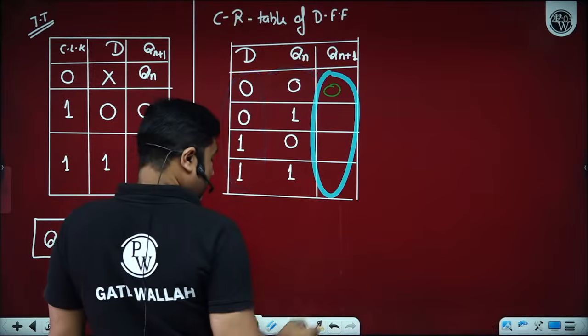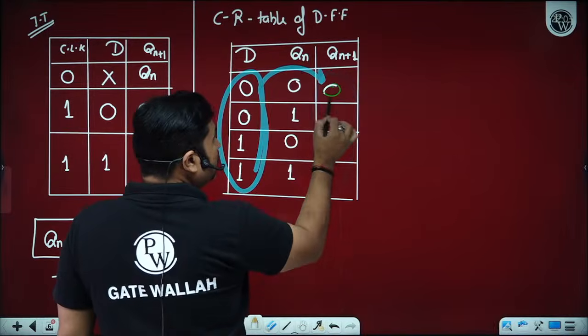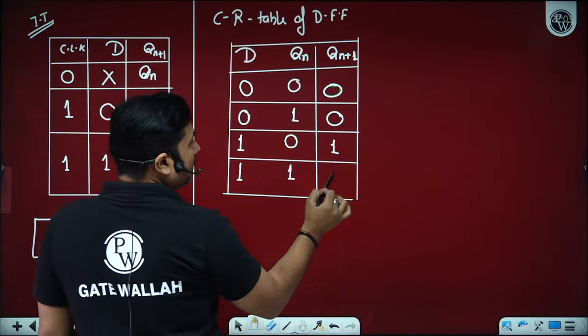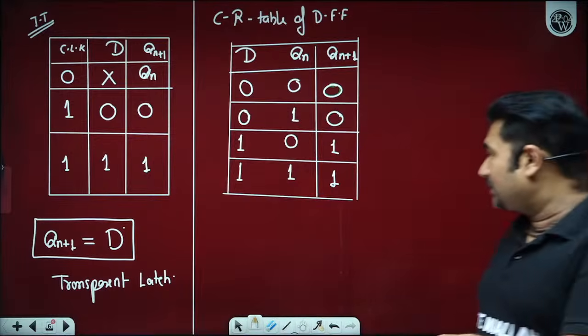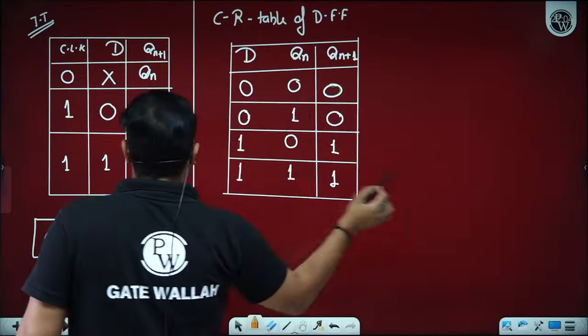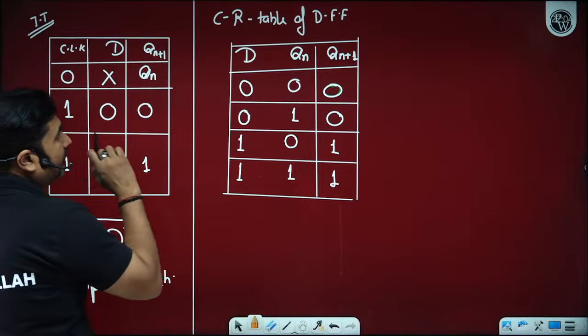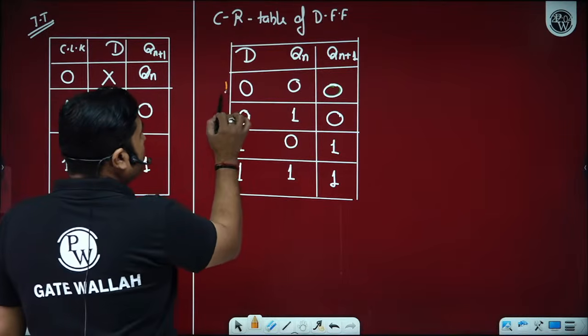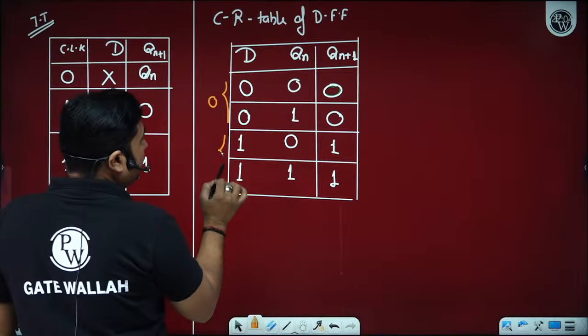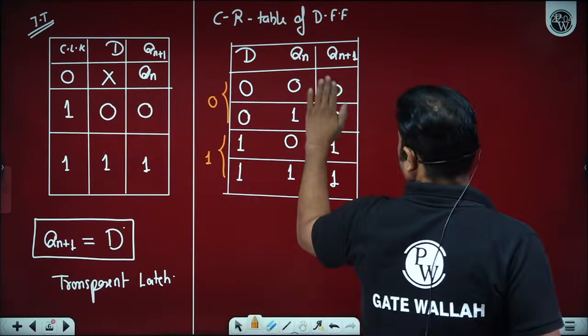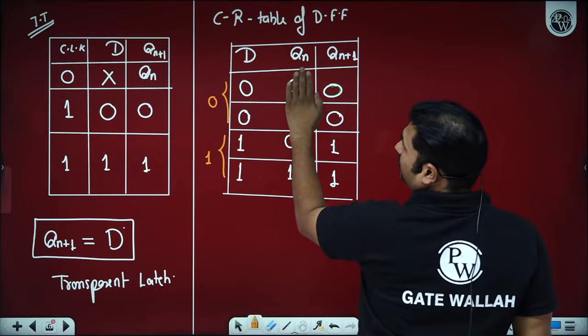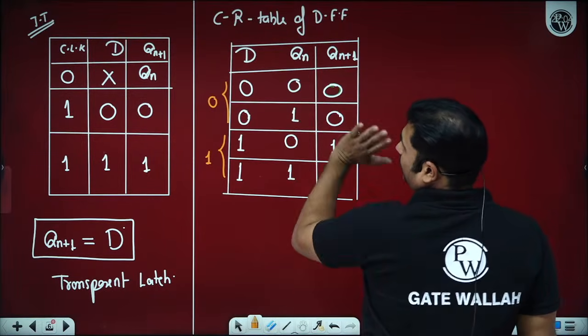So 0, 0, 1, 1. How many of you able to understand? You can observe from here as well. For D0, we will get 0, and for D1, we will get 1. So I am using the truth table to hide this Qn and observe what Qn plus 1 will be. We just have to copy paste this D.